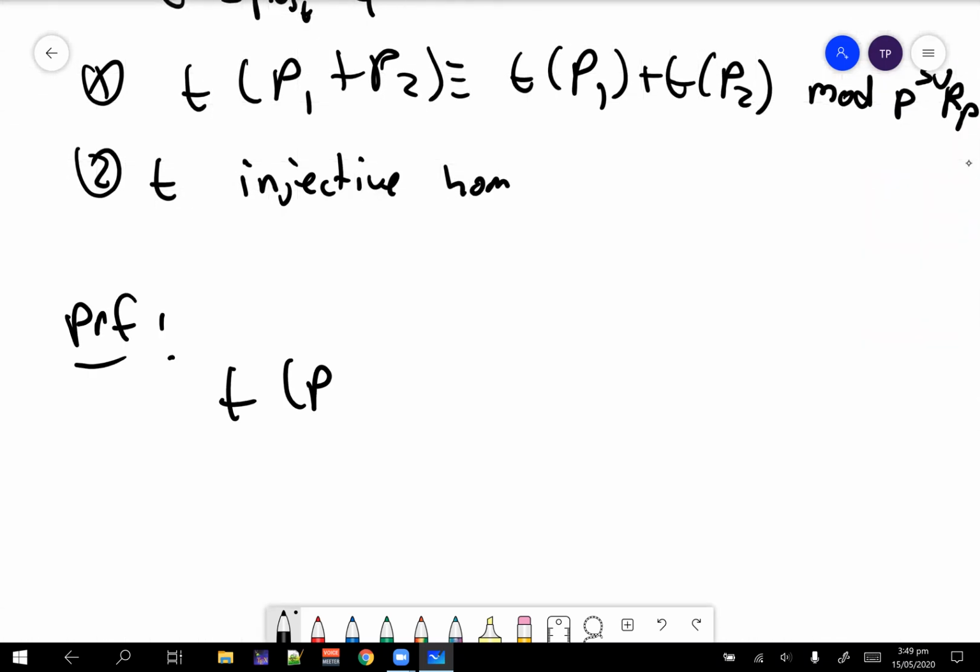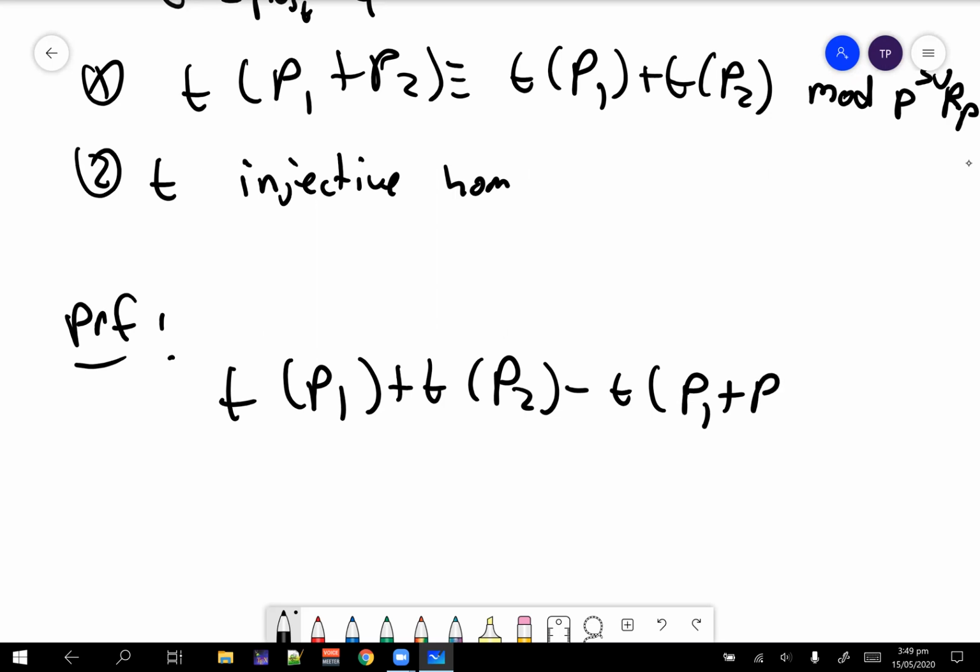Then we know that T of P1 plus T of P2 minus this thing is almost 0, not quite 0. It's inside the thing here. And that means if we just mod out by this thing, we get the homomorphism. It's injective as well by some theorem from algebra. I can't remember what it's called.